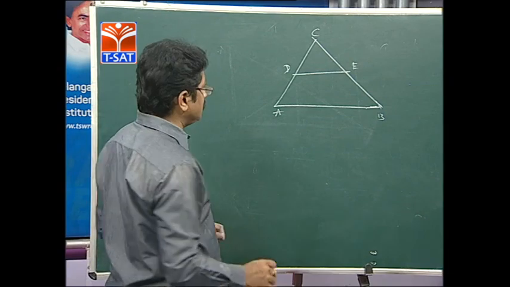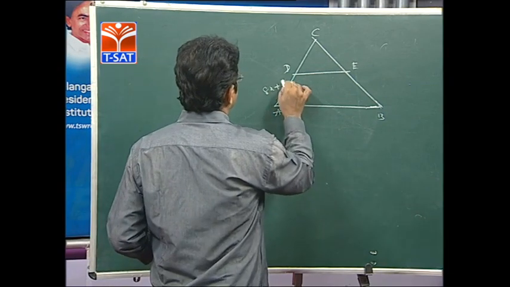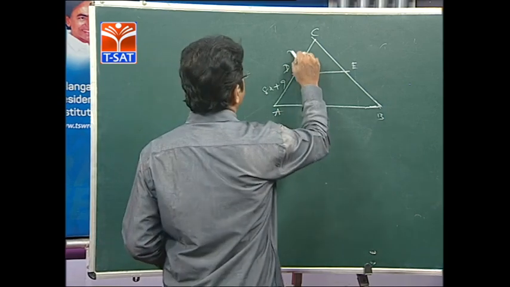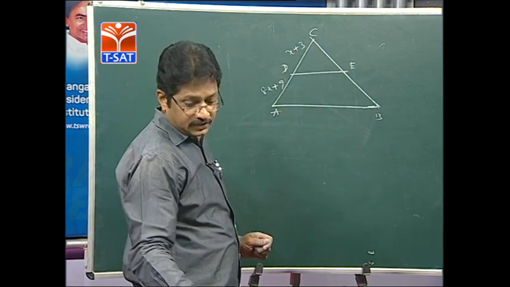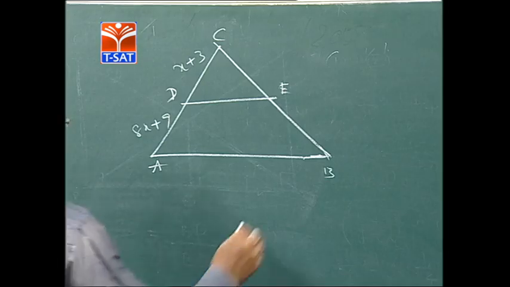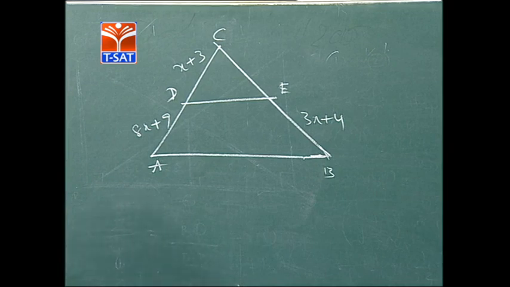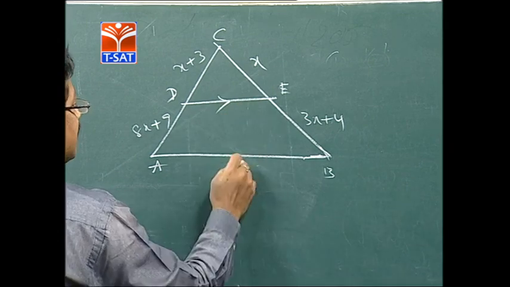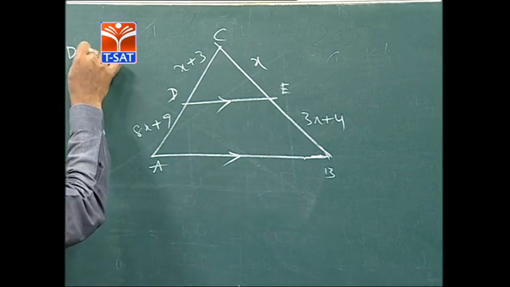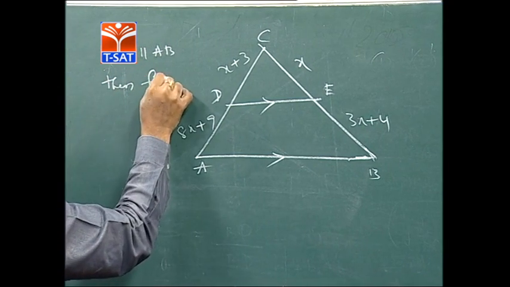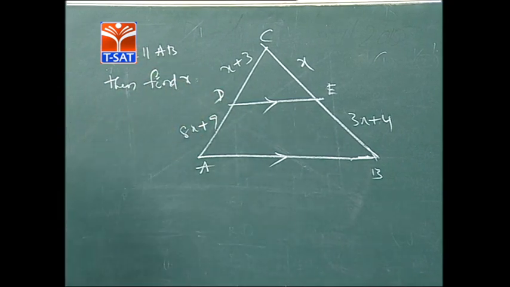AD is equal to 8x plus 9, CD is given as x plus 3, BE is given as 3x plus 4, and CE is given as x. It is given that DE is parallel to AB, then find x.